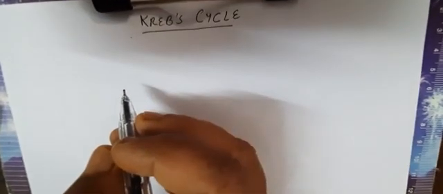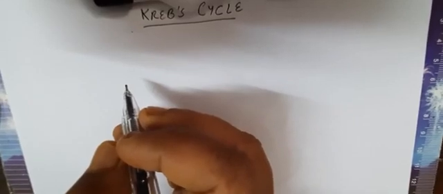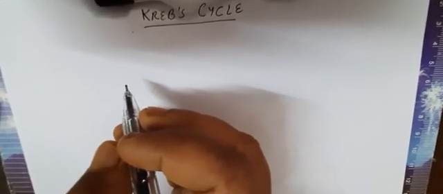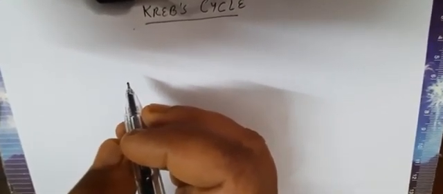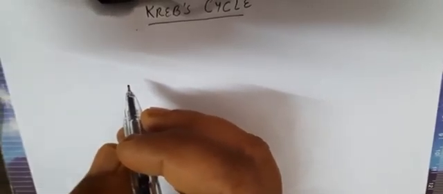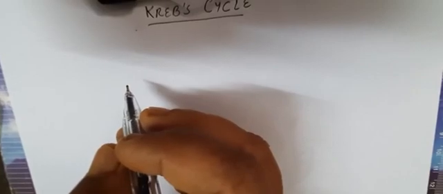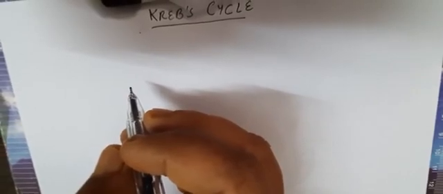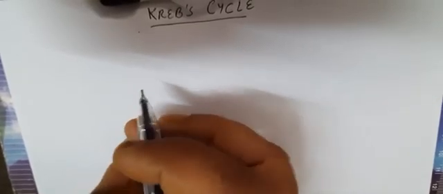So the glycolysis end product we have obtained is pyruvate, and this pyruvate enters the mitochondrial matrix from the cytoplasm. So pyruvate is synthesized in the cytoplasm by the process of glycolysis. Then this pyruvate enters the mitochondrial matrix.